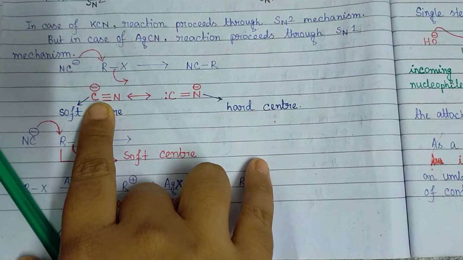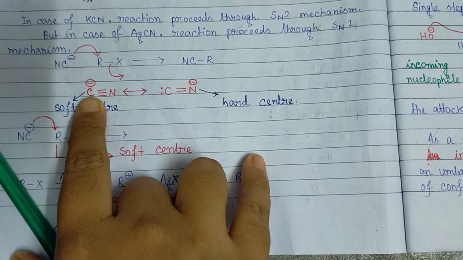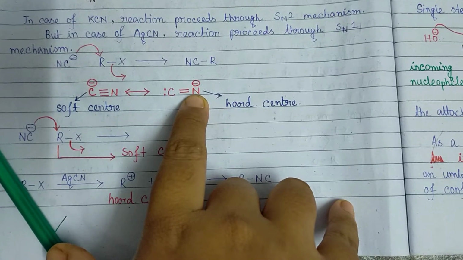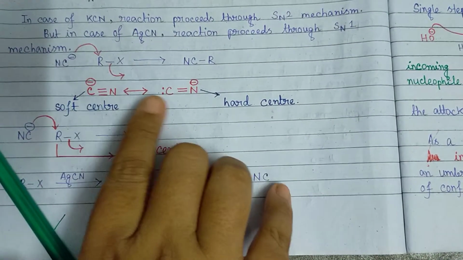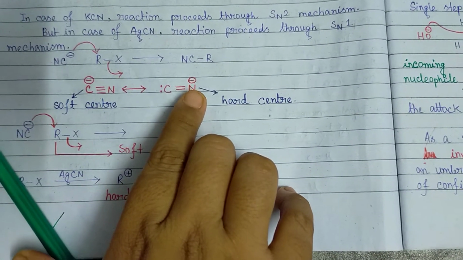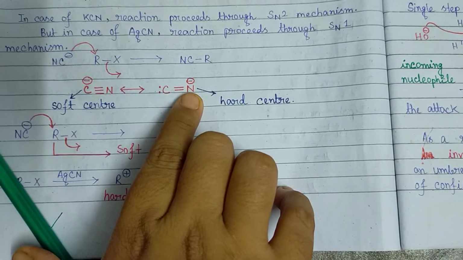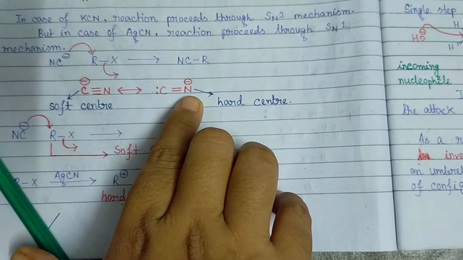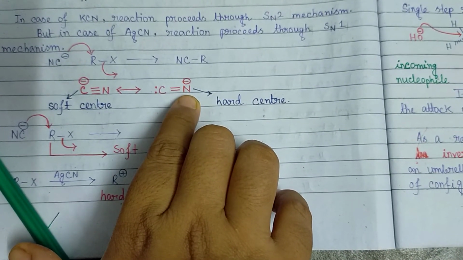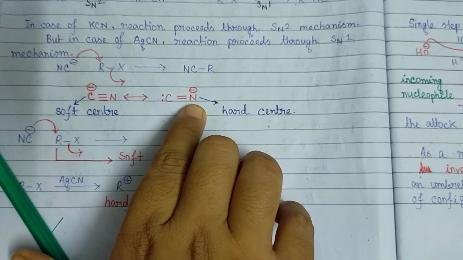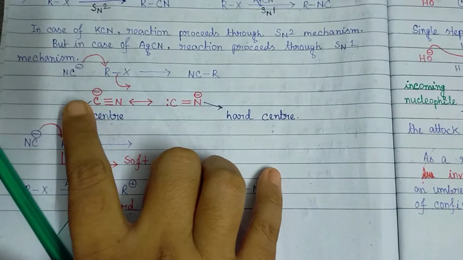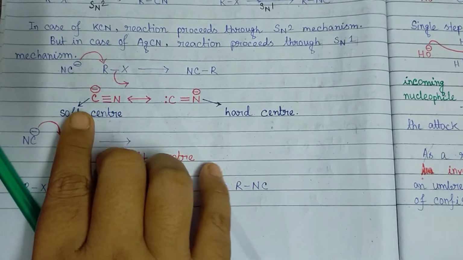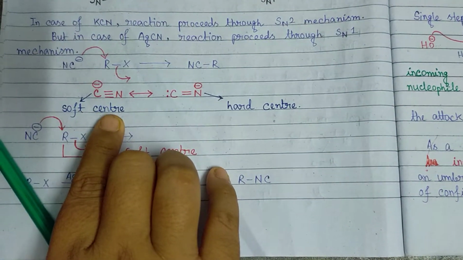We can see that in this structure carbon has the negative charge, and in this structure nitrogen has the negative charge. Between nitrogen and carbon, nitrogen has more electronegativity, and for that the negative charge will be carried by nitrogen more preferably than the carbon. So here nitrogen will be the hard center and carbon will be the soft center.